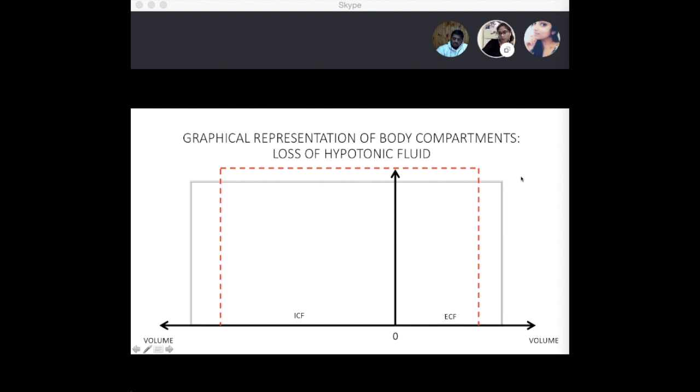So what could be the possible scenarios of a patient here?